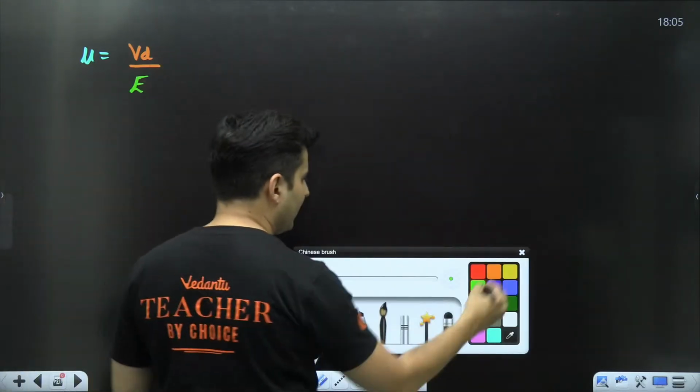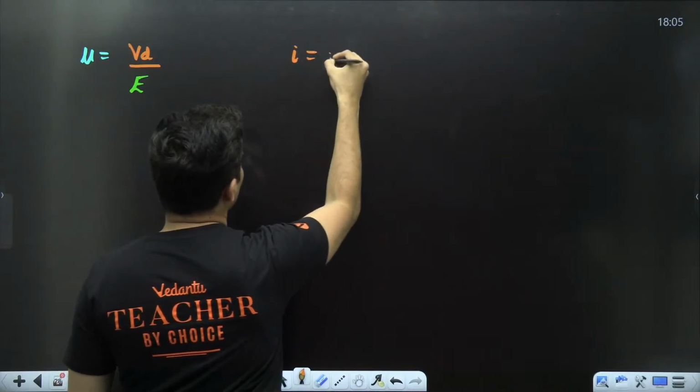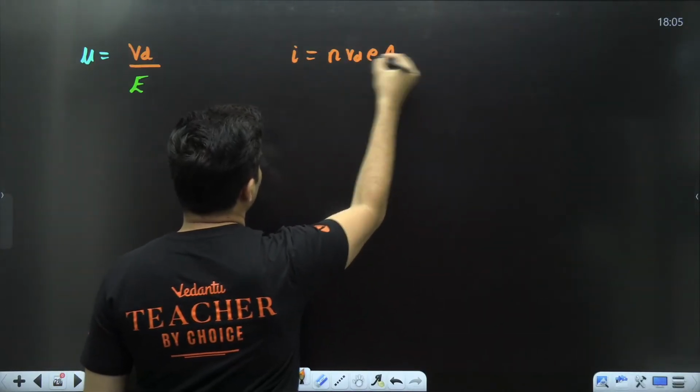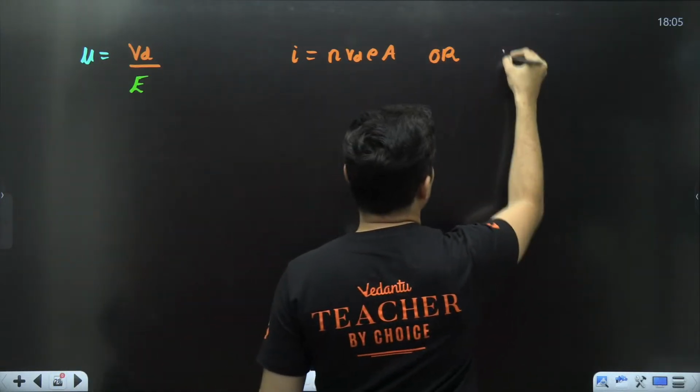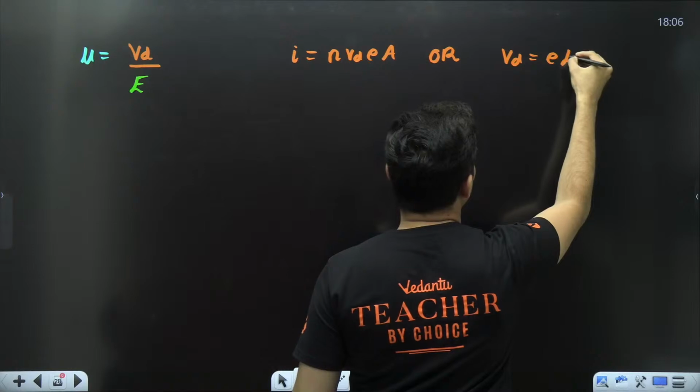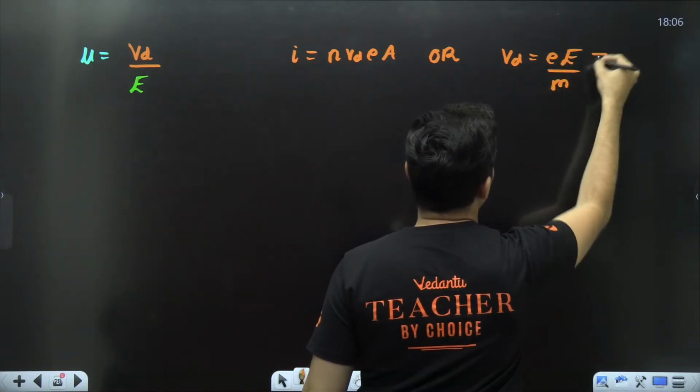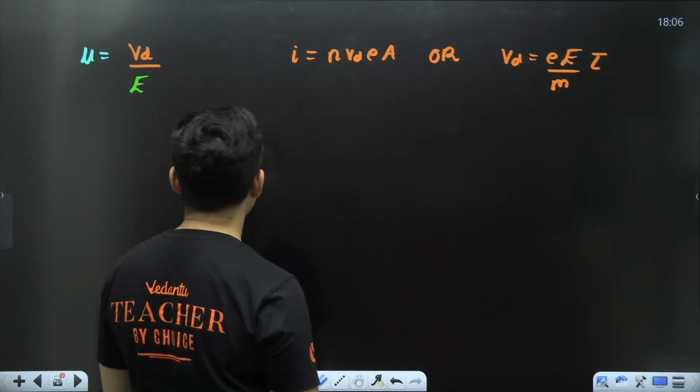I can always write drift speed from I is equal to nAevd, or I can also use drift speed as eE by m into tau. Both the options are available with me.